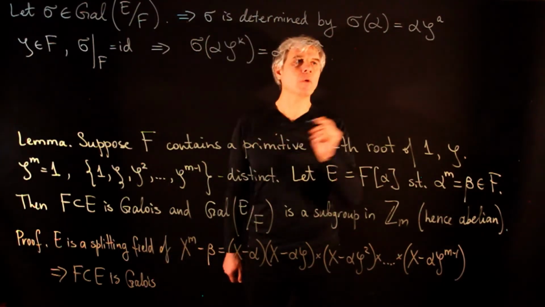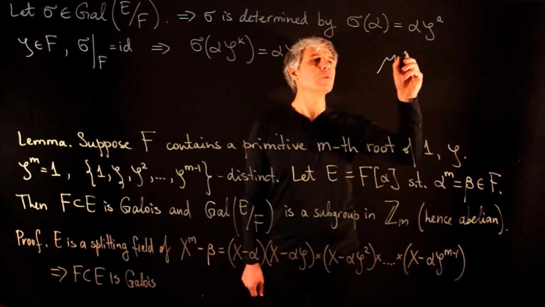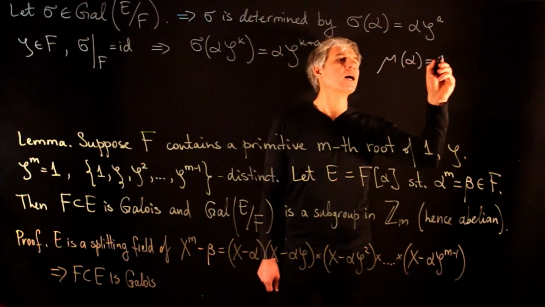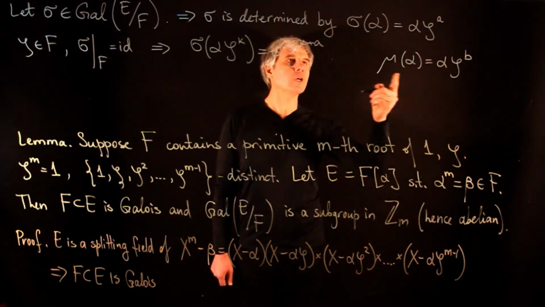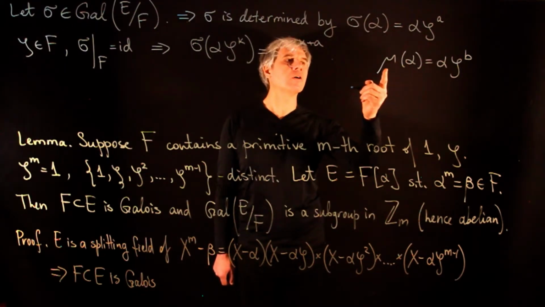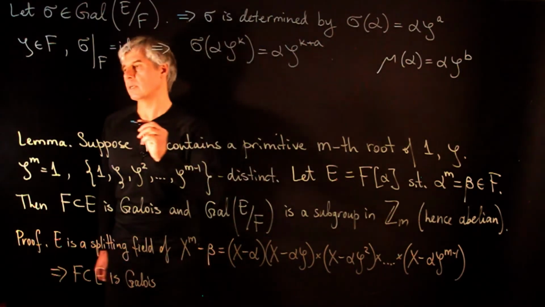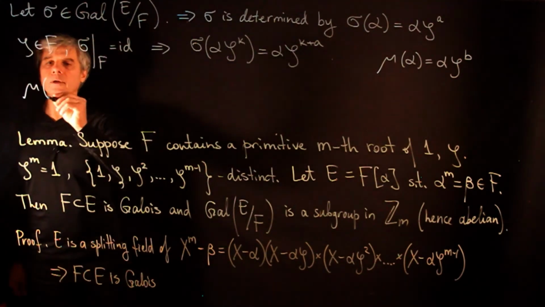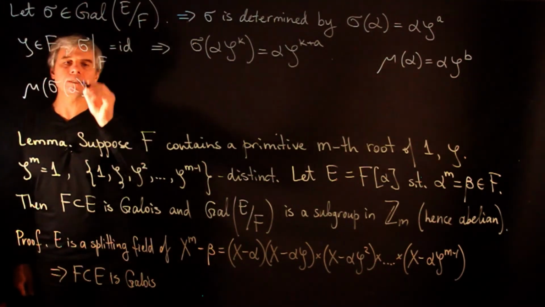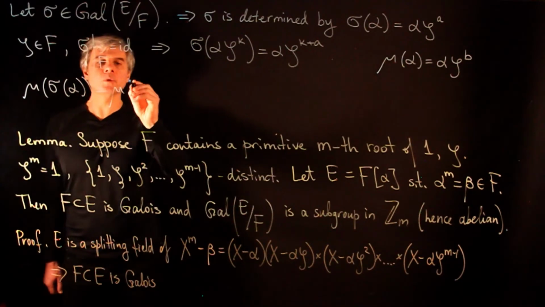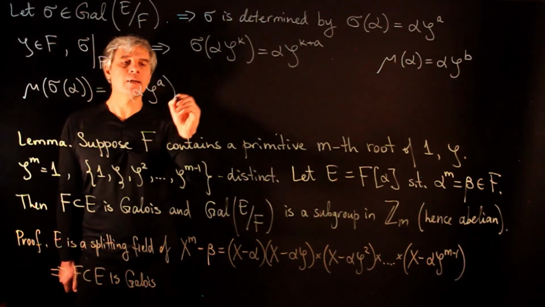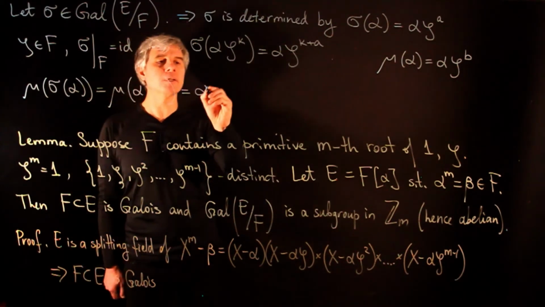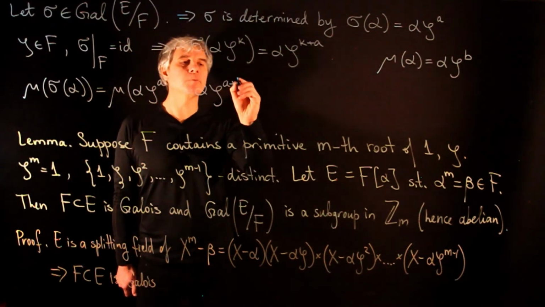If we have another automorphism mu, then mu of alpha will be alpha times zeta to the power b. Let us see what will be the composition of sigma and mu. So we will have that mu of sigma of alpha is equal to mu of alpha zeta to the power a, and this will be alpha zeta to the a plus b.